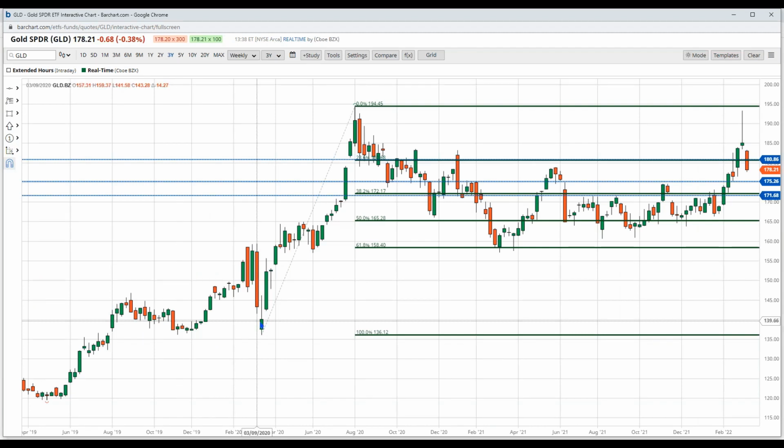And just for reference here, I want to reiterate some of the things we were just talking about. I've already drawn a line based on this low here and this high, and I did my retracements.